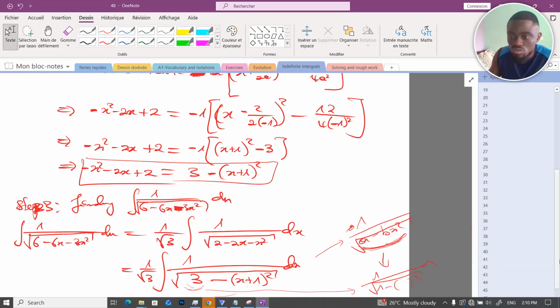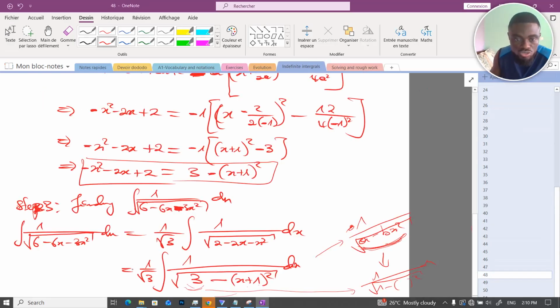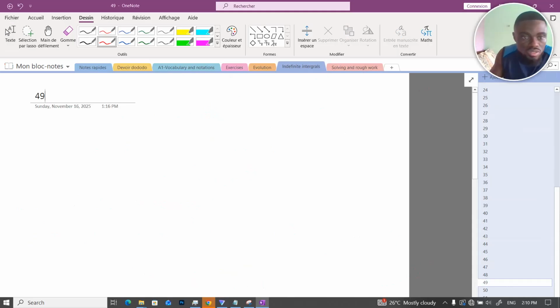So let's go to the next page. Let me create another sheet of paper. This is 50. This is 51. Okay, let's continue with this integral. So this will be equal to, let me first copy the integral.